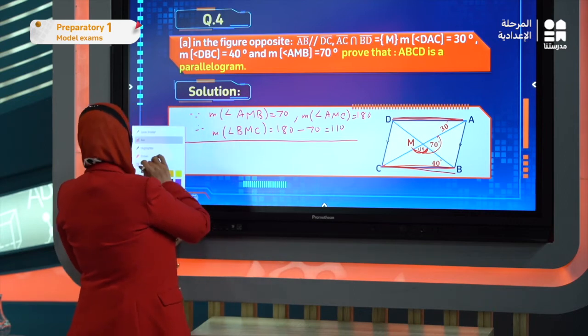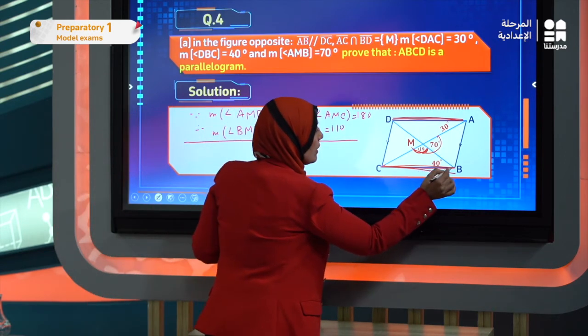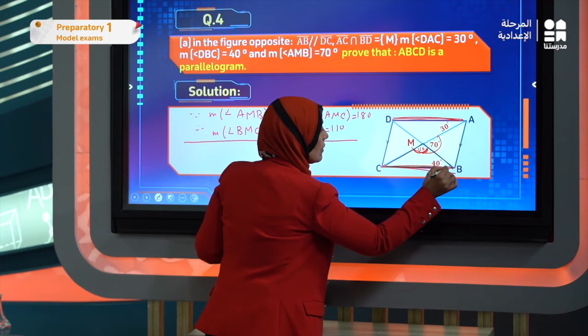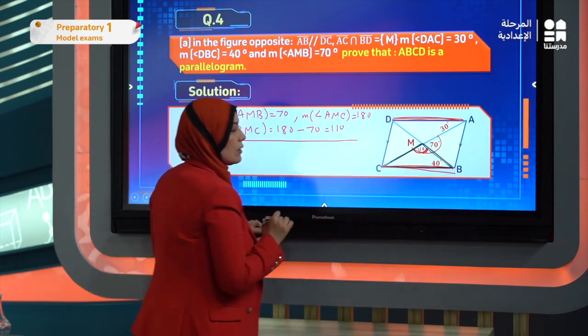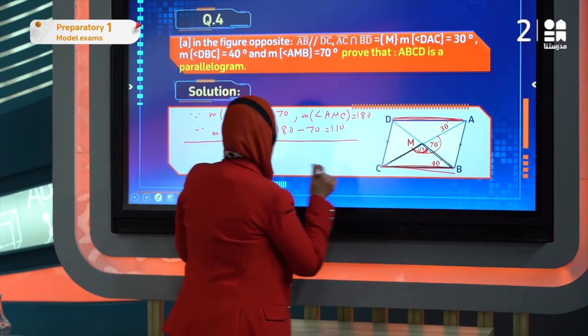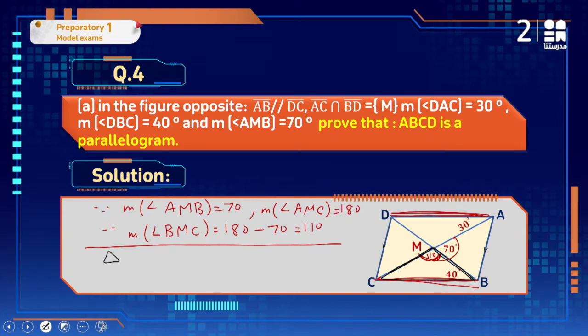What about this triangle now? Do you see the black triangle? So we are going to work on the triangle BMC. I know two angles from them. How can we find the third? To find the third, I need to add the two angles, then subtract from 180.